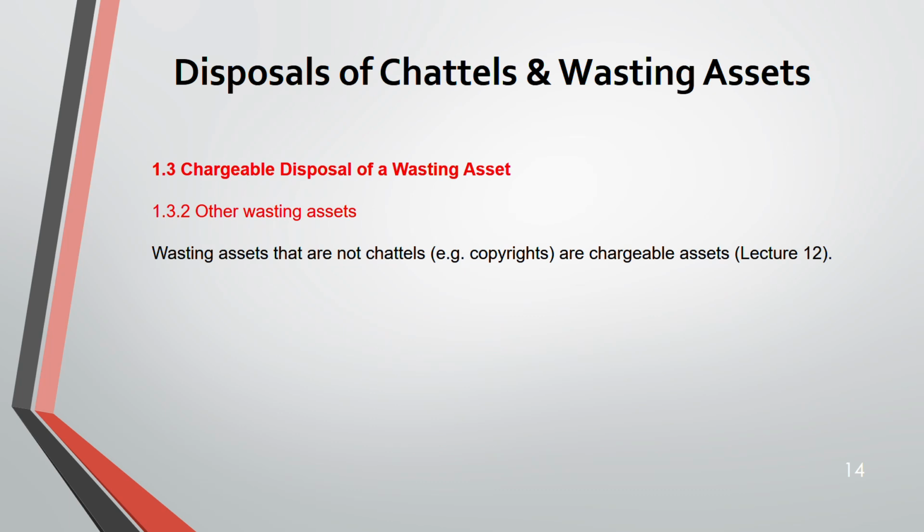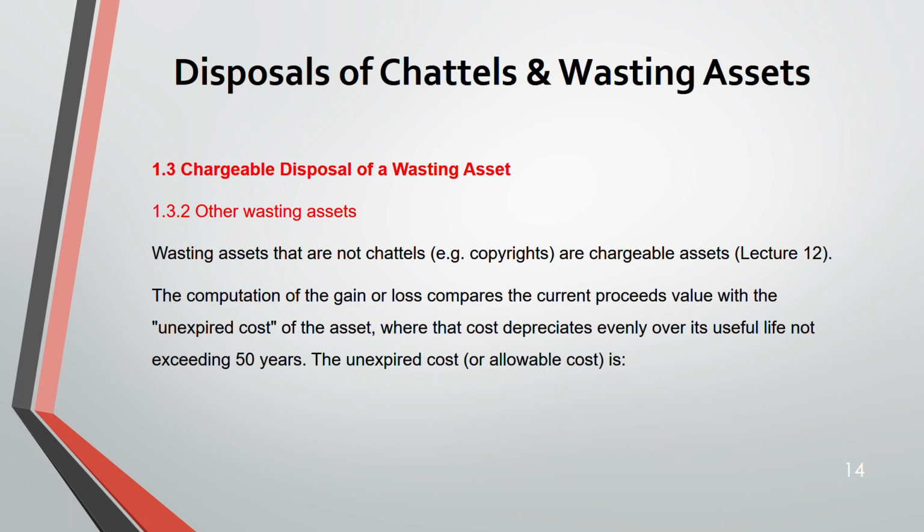Other wasting assets that are not chattels. Example, your copyright. See, chattel has to be tangible. Wasting assets could be intangible also. So other wasting asset means it includes intangible assets like copyrights. They are chargeable assets. We have covered this in lecture 12, right? Now, how do you compute the gain or loss? That means we compare the sale proceed with the cost.